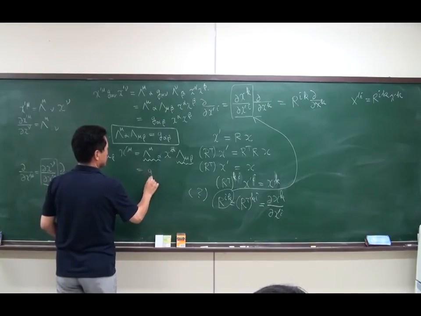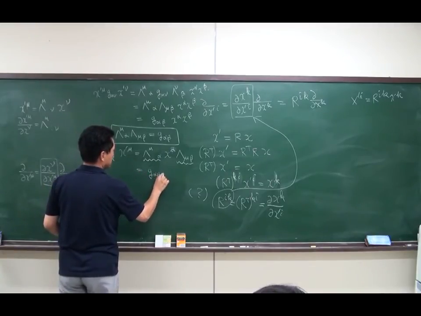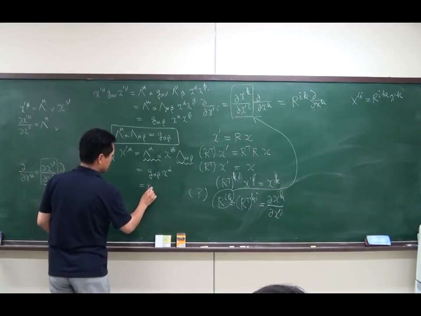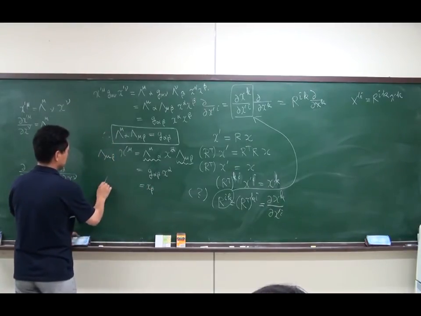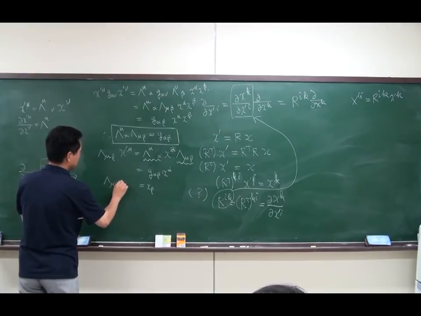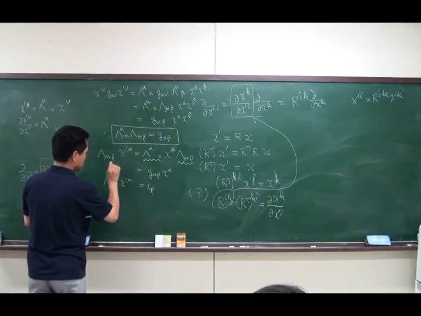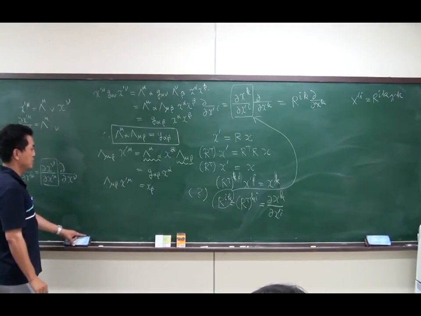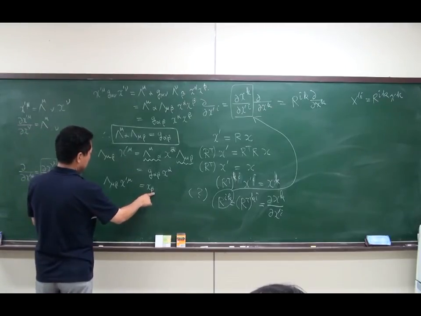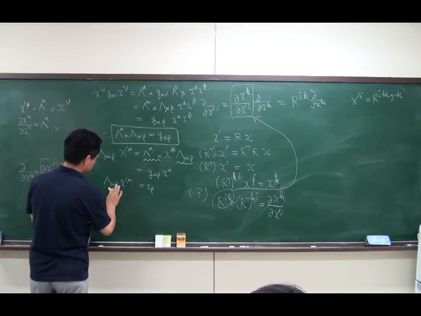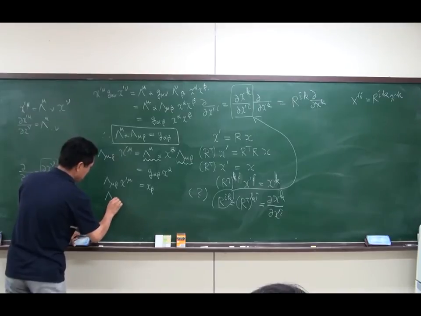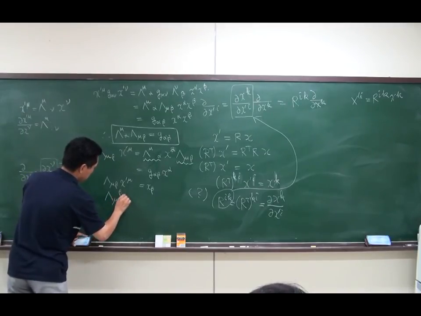This becomes g alpha beta x alpha. That means x beta is lambda mu beta x prime mu. So this is beta in the downstairs, and I can move it up.